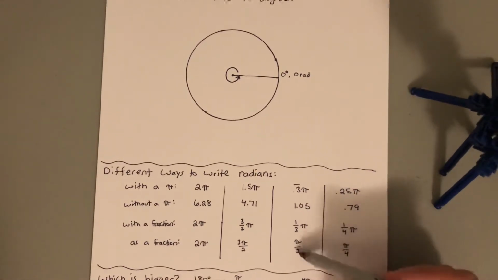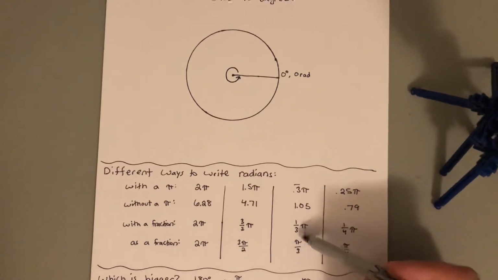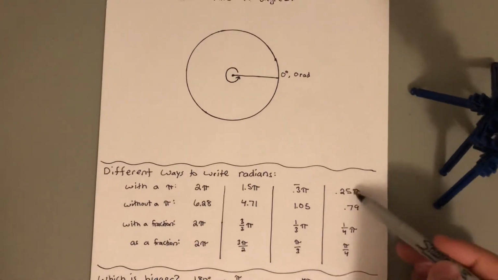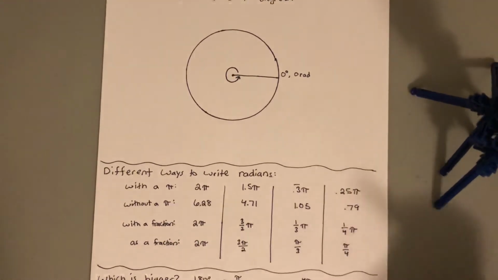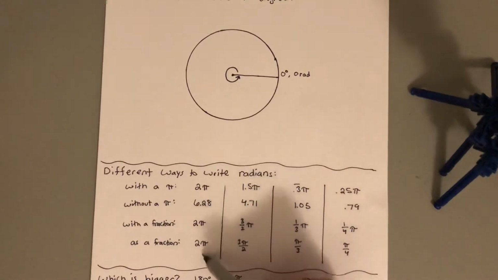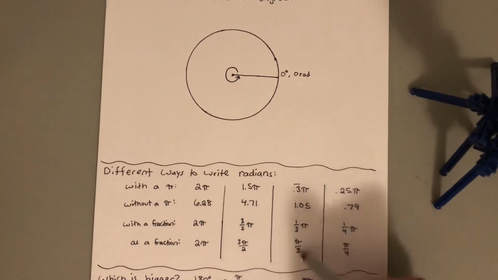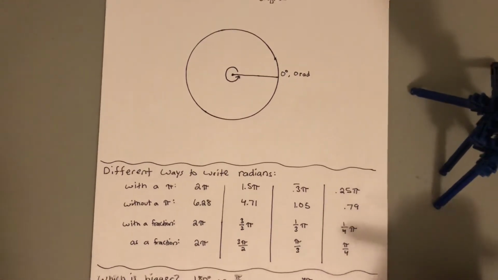Or we could write that as a fraction, which is really just pi divided by 3, because multiplying by 1/3 is the same as dividing by 3. Same idea over here. Instead of 0.25 pi, you might see 1/4 pi or pi over 4. So all of these mean the same thing. All of these are the same angle measure. They're just different ways that you might see it expressed.